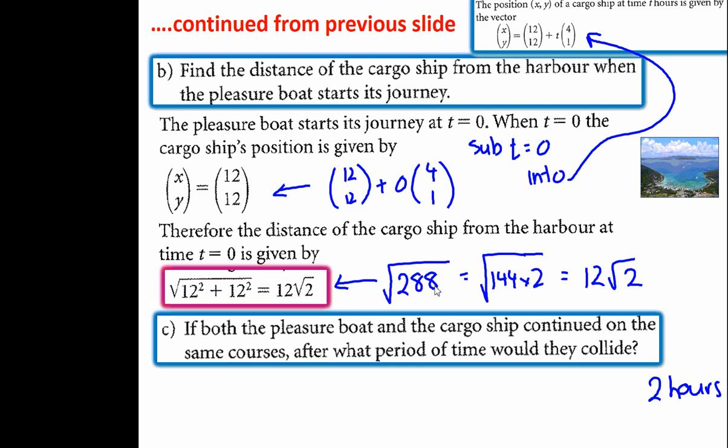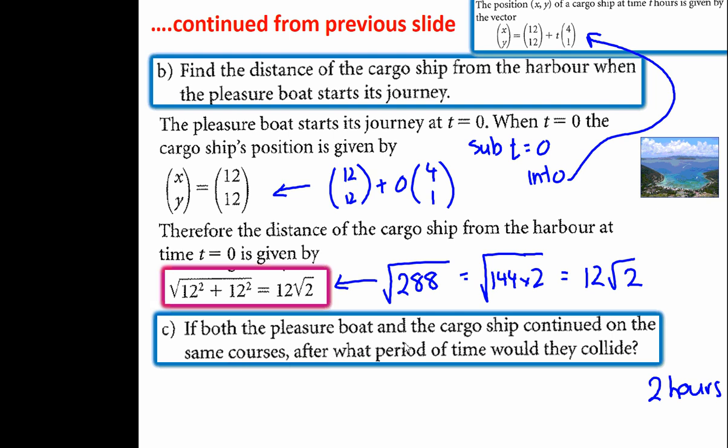It's also a multiple of 144, actually a higher square number, so it simplifies to 12 root 2. That is the distance of the cargo ship from the harbour when the pleasure boat starts its journey. Remember, we subbed in t equals 0, so this is a goner. Just work out the magnitude of that.